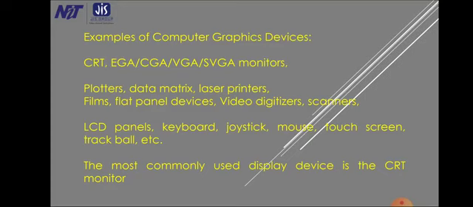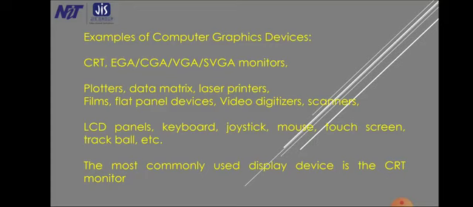The CRT, cathode ray tube, as they are called. Then we have the EGA, CGA, VGA or SVGA monitor, where the graphic adapter stands for EGA. CGA is the colored graphics adapter.